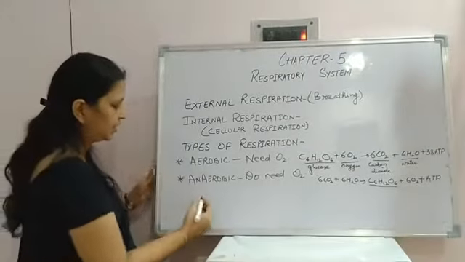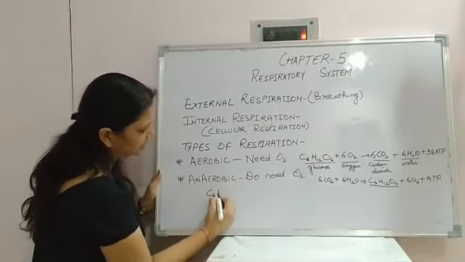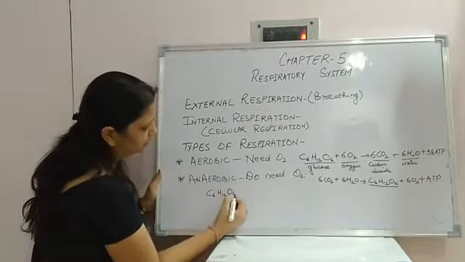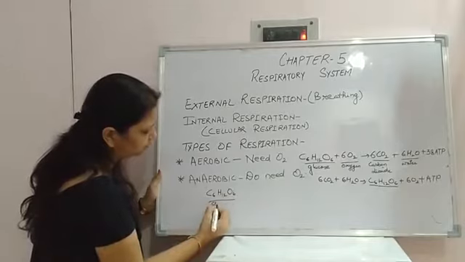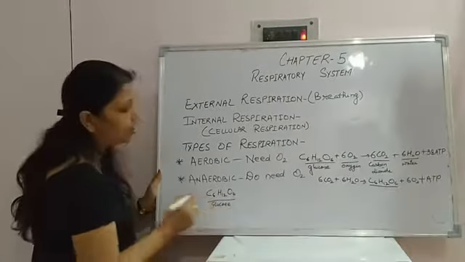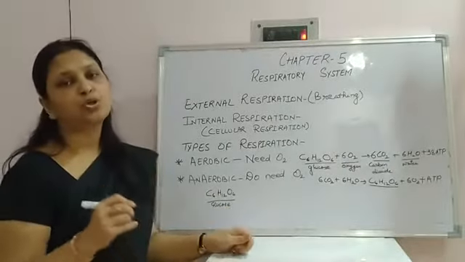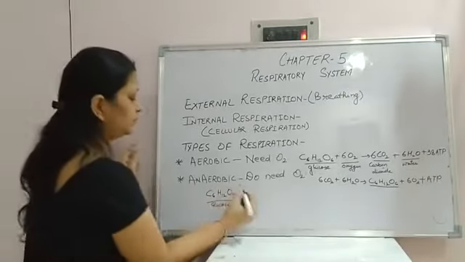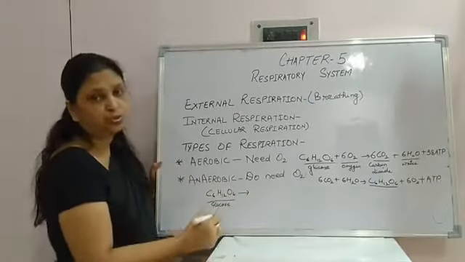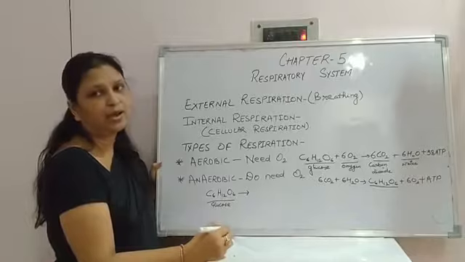So the equation is like this: C6H12O6, this is your glucose, which breaks down without oxygen into ethyl alcohol or lactic acid.